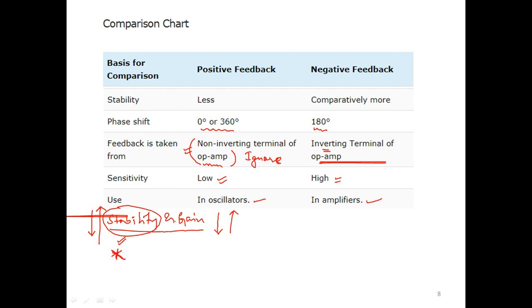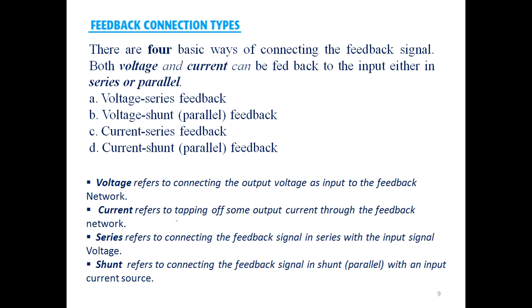All right. The next topic will be the different feedback connection types. There are 4 different types: 2 with respect to voltage and 2 with respect to current. Similarly, 2 with respect to series connections and 2 with respect to parallel connections.